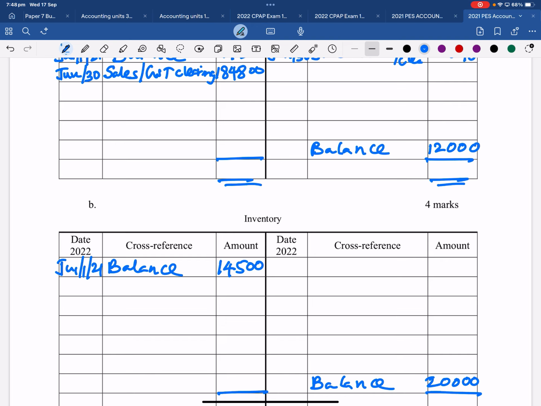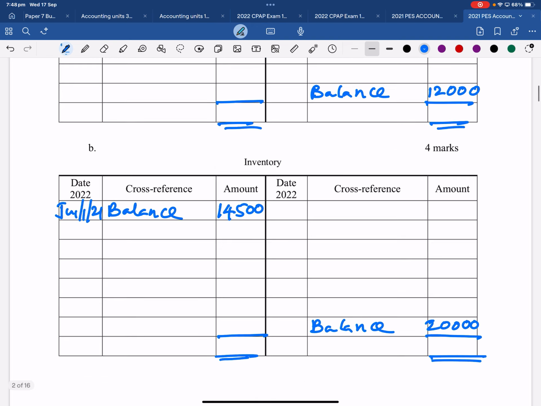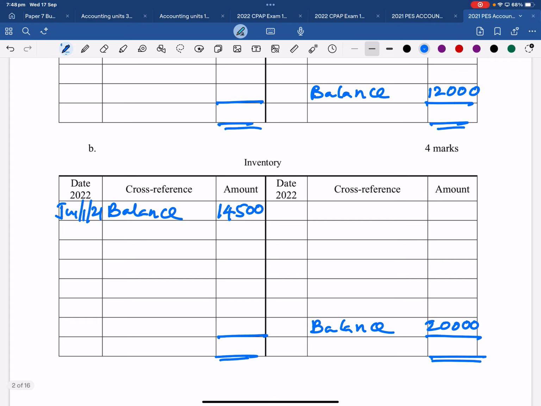When we sold it, credit. So inventory decreases, good. Cost of sales, so 140,000 here. Saying cost of sales. What's the date, guys? The date will be the last day, June 30th. 140k.